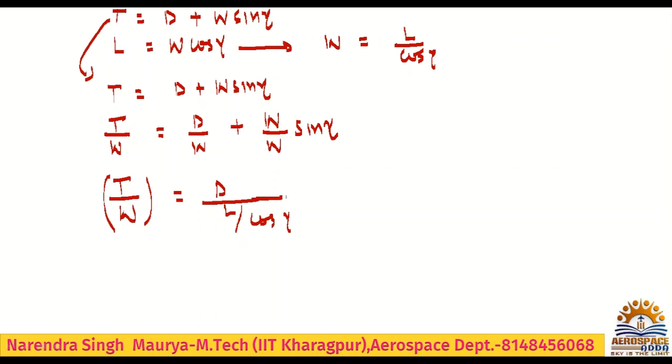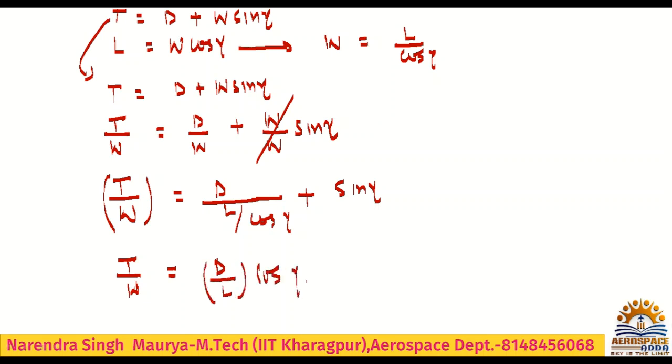cos gamma plus, it is 1, so sin gamma. So thrust to weight we need to calculate: D by L cos gamma plus sin gamma. All right.